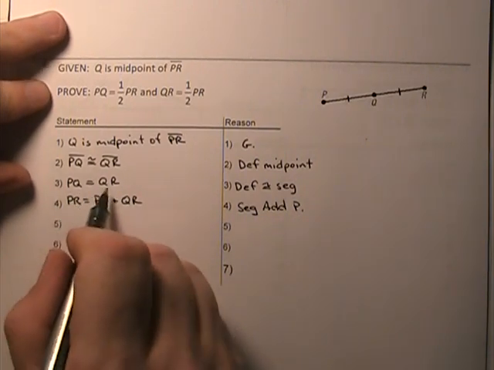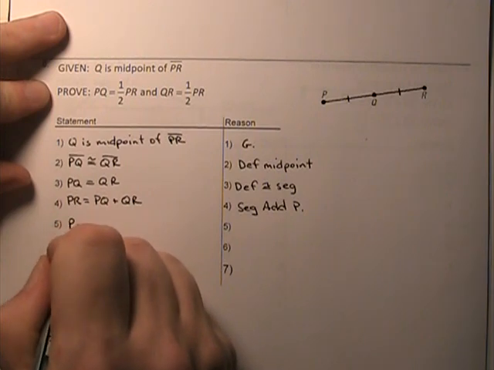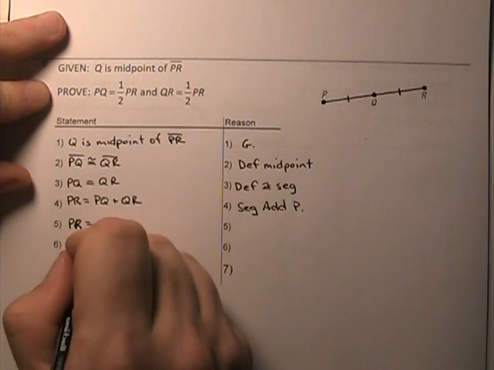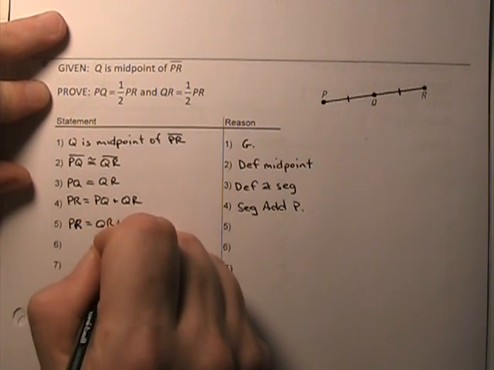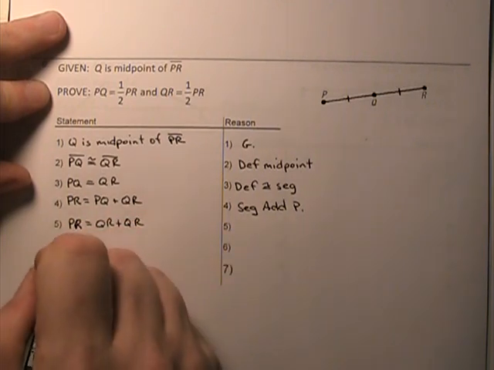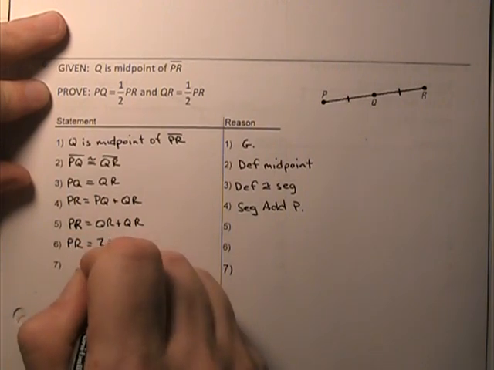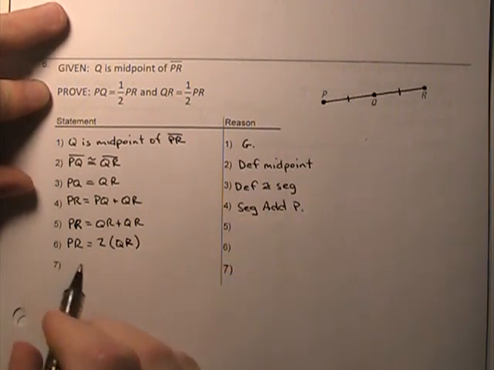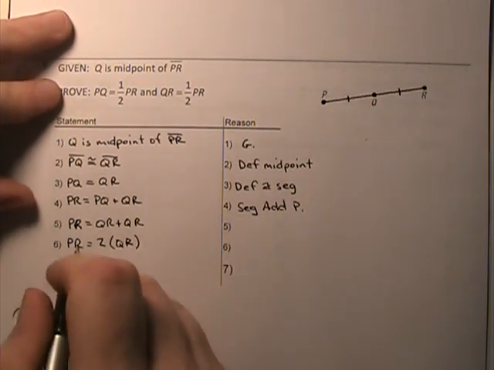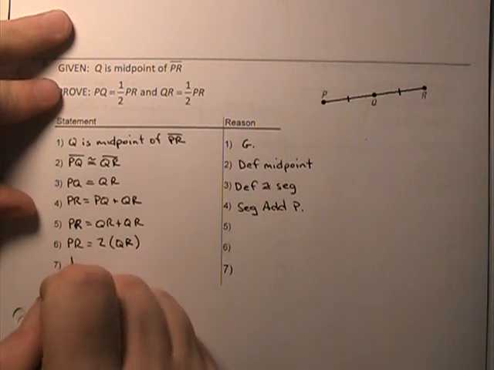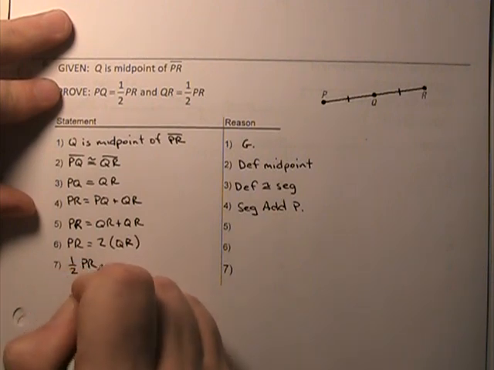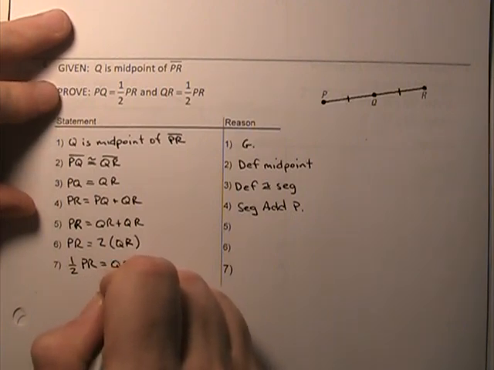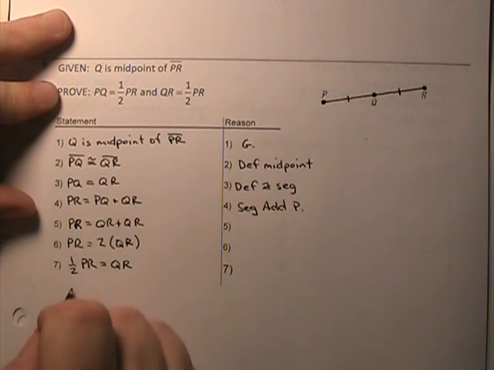And there's PQ we can substitute in here, so I could say that length PR equals, let's substitute in QR, QR plus QR, or PR equals 2 lengths of QR. If I divide both sides by 2, or multiply both sides by 1/2, I get 1/2 PR equals QR. And then I can swap those around.